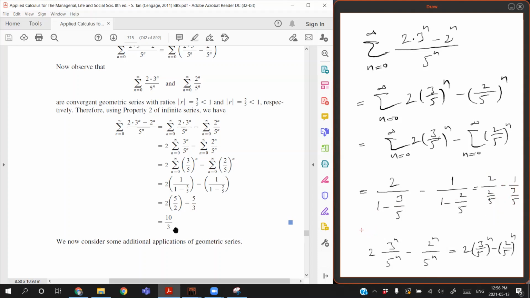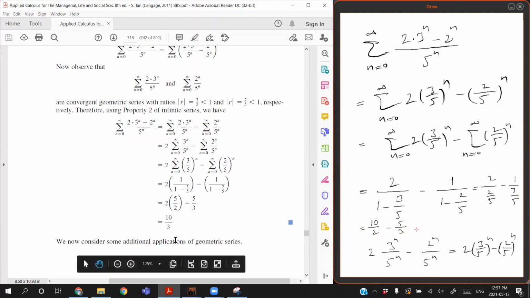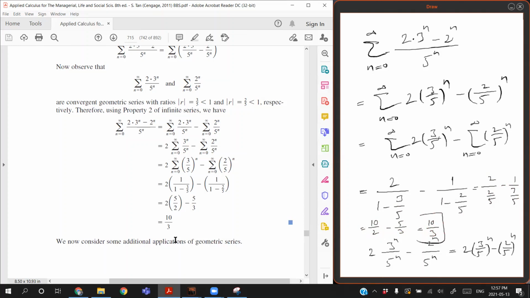So this becomes 10 over 2 minus 5 over 3. If you use a calculator, you're going to get 10 over 3. Any questions?